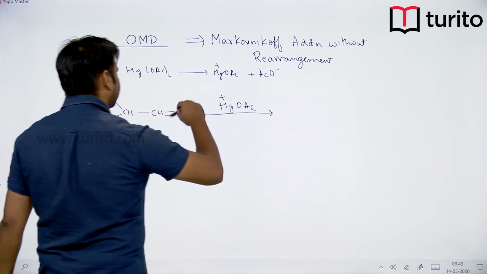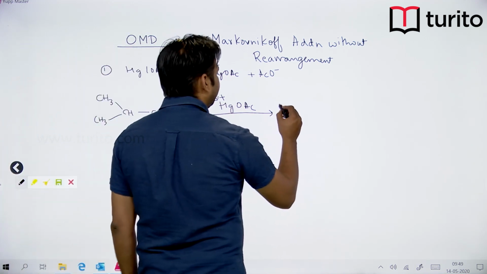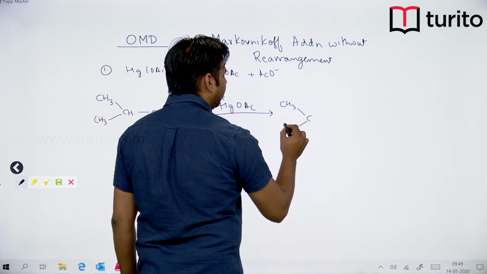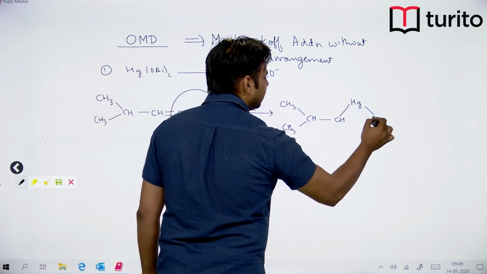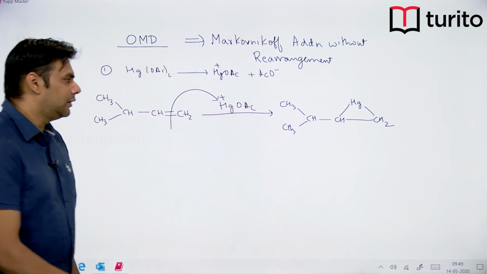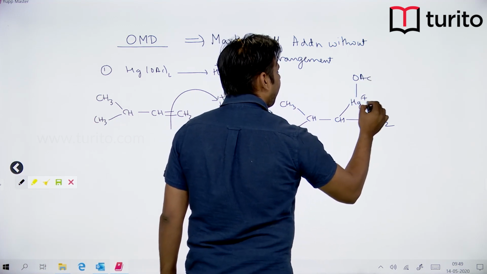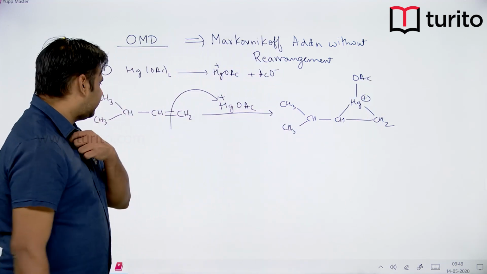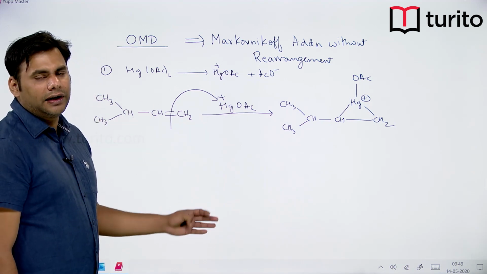The pi electrons attack this electrophile. Because the pi bond has attacked the electrophile, both the carbons get attached to the mercury, and this is what is formed initially. We form a three-membered ring in which the metal has a charge.